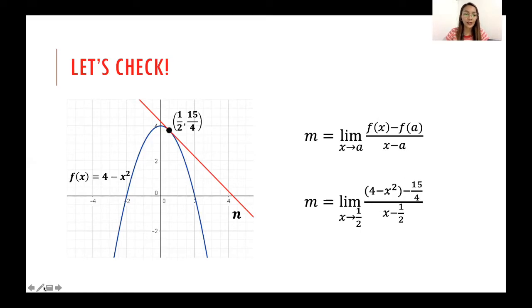So let's simplify first. Simplify muna natin yung numerator. So dito na lang muna natin sa taas since wala na siyang space dyan sa baba. So we have 4 minus x squared minus 15/4.